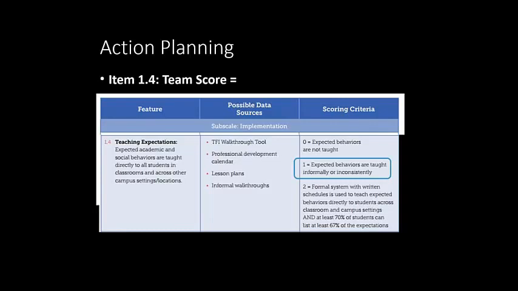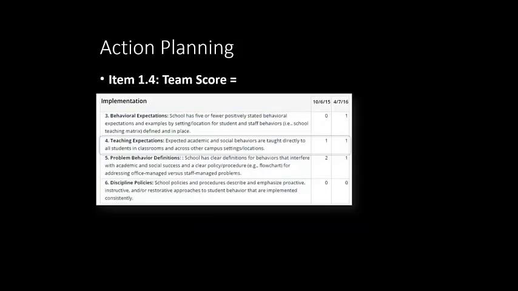They also had not done the walkthrough, so they weren't really sure how many students actually knew the behavior lessons. Within the PBIS Assessments, you can get a printout that will tell them the item scores for each administration. So you can see the last 2 here. They had scored a 1 in this area the last 2 times, and they had identified this as an area to improve on.